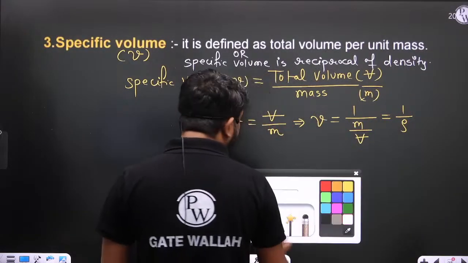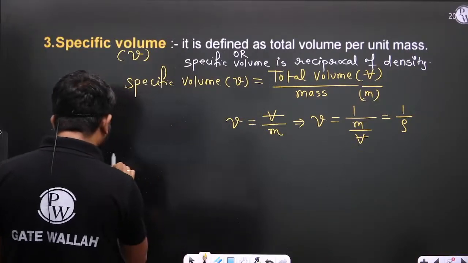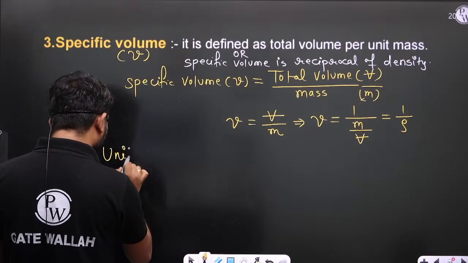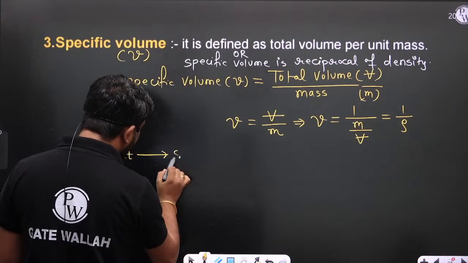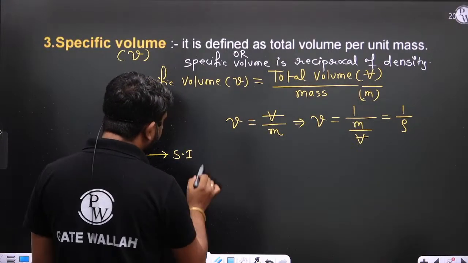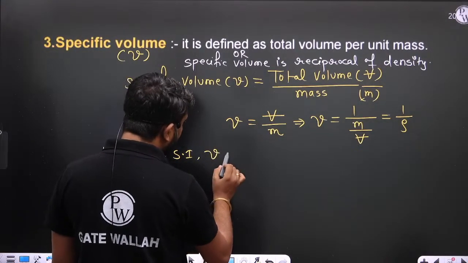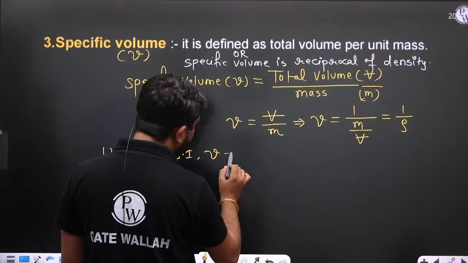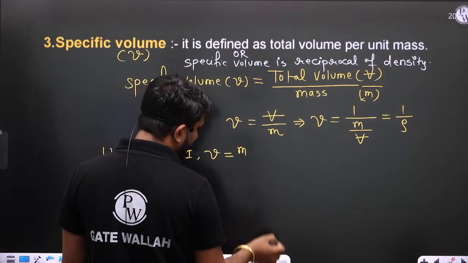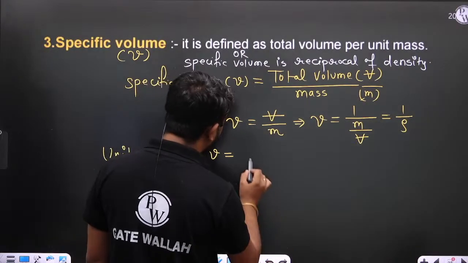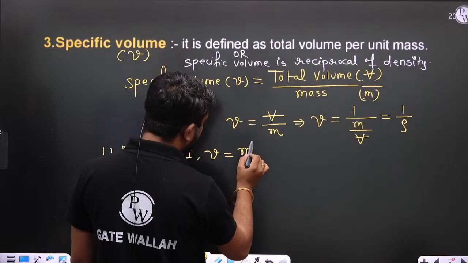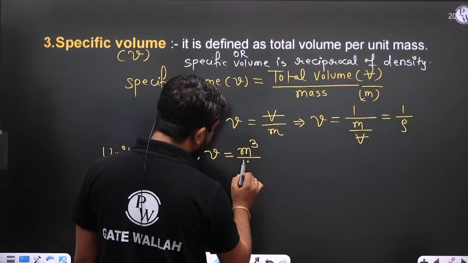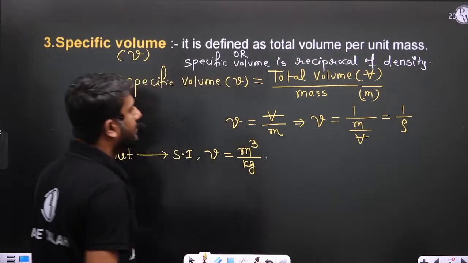Fine. Now what is the SI unit? So that SI unit is simple now. SI unit is meter cube per kg, right?